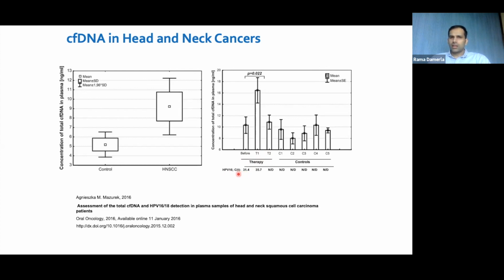These are CT values that correspond to qPCR. Just like you do COVID-19 testing by qPCR, this is HPV-16 testing by qPCR. The lower the value, the higher the virus in the sample. Before therapy there is a higher viral load, during therapy there is a low viral load, and after therapy there is not much viral load.